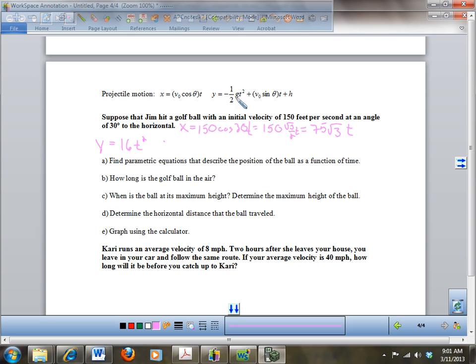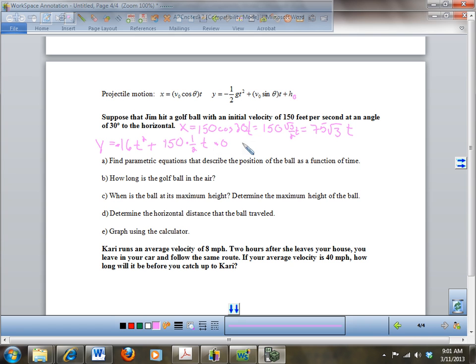Wait, negative. It's a negative. Oh, you're right. It's negative 16 t squared, because that's the force pulling it down, plus 150 sine of 30, which is 1/2. Believe me, times t. And h, that should be h sub 0. That's where it starts from, and since he's hitting it off the ground, that's just 0, plus 0.